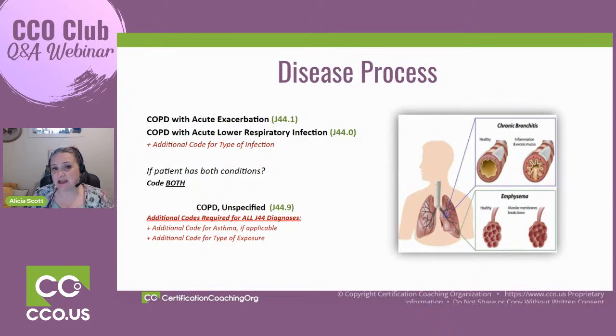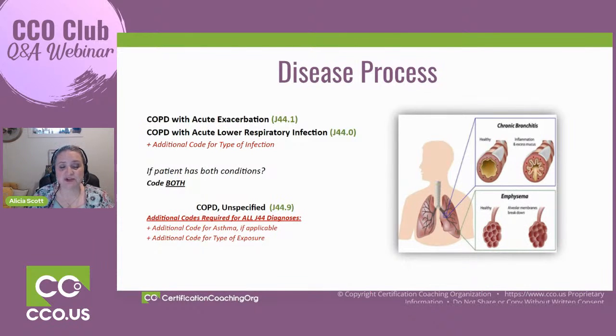What happens if a person has an acute exacerbation and that lower respiratory infection? Can they have that at the same time? Well, yes, they can. Then what do you do in those scenarios? Do you just use the J44.0 because that is the COPD and they've got the infection? No, you can actually use both of these codes together.